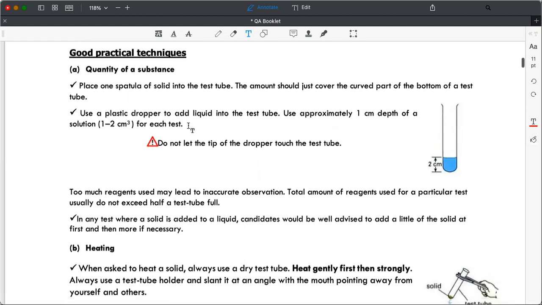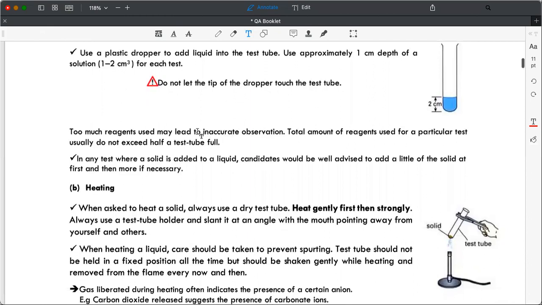Now, if plastic dropper is provided, some schools do provide, then you are reminded to add only about 1 cm depth or 1 to 2 centimeter cube for each test. Try not to over add your solution. Don't add too much. The same reason applies.